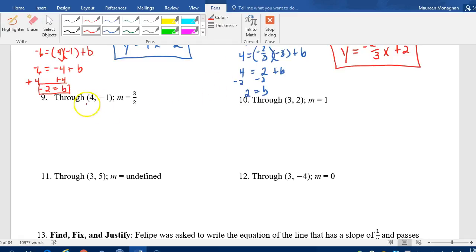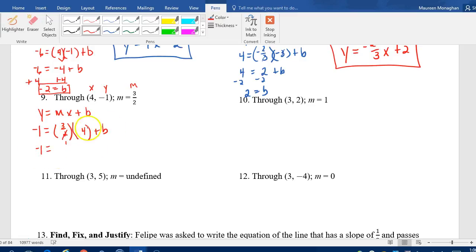The next one, we have through 4, -1, and 3/2. So x, y, m. And it helps to write the original slope-intercept form. Because then you can just see, oh, I don't want to use y, I want a -1. I don't want m, I want to use a fraction of 3/2. I don't want x, I want 4 plus b.